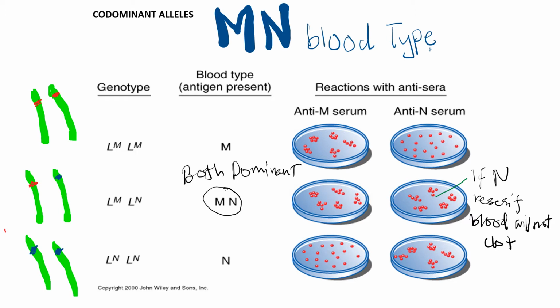The MN blood type is about the presence of protein in the cell membrane of the blood. If there is M-type protein, it reacts with anti-serum M and the blood will clot. So in the case of the M group, the genotype is homozygous LM.